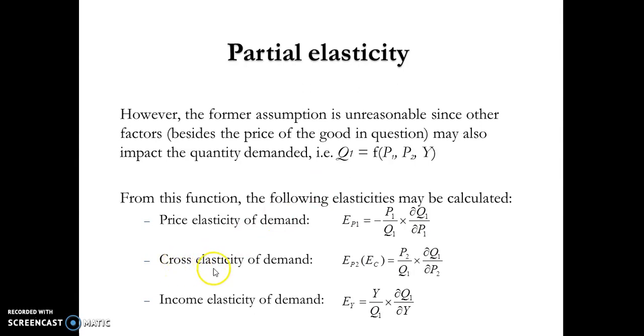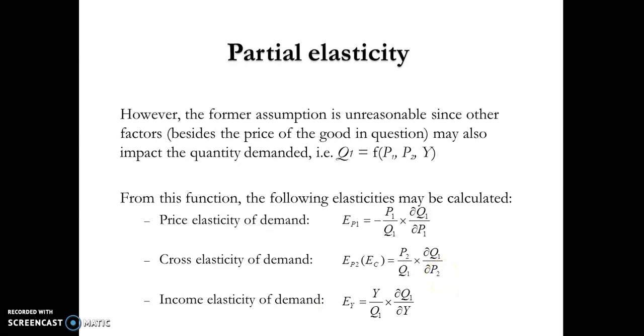Hence this is our cross elasticity of demand, and the formula is the price of the related good P2 over the quantity of the good, times the first order partial derivative of the function with respect to the price of other goods.